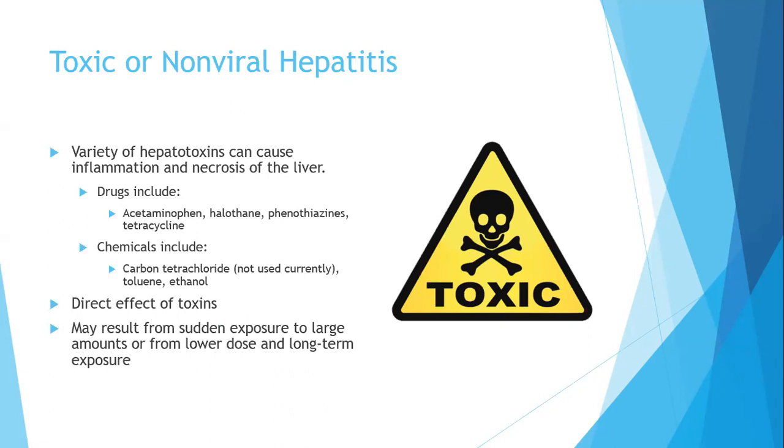Non-viral hepatitis can result from a sudden exposure to large amounts of a toxin or from long-term lower dose exposure. So people who are long-term alcohol abusers, that's the long-term low dose exposure. Or if you're on some sort of medication that you take for a long time.